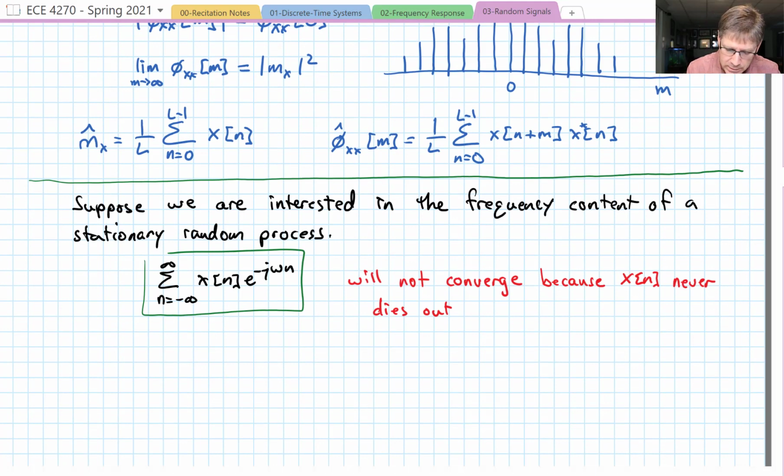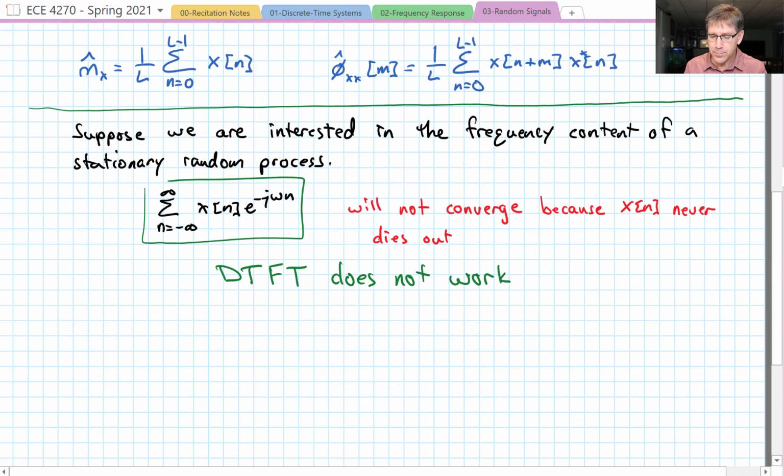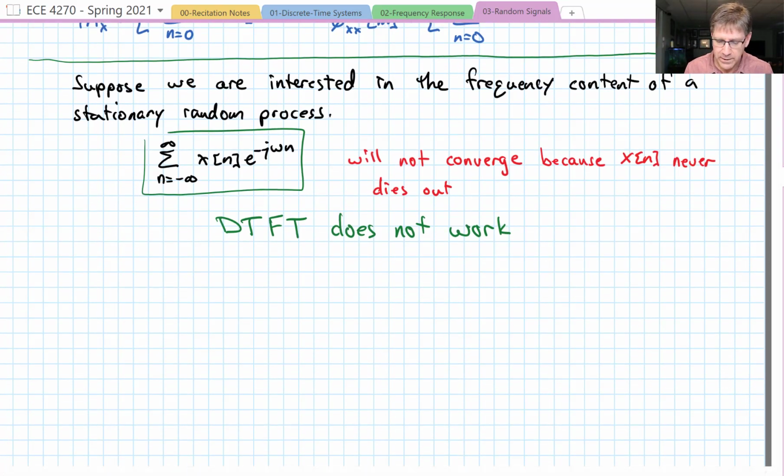And so, in summary, the DTFT does not work. Well, obviously I wouldn't have brought this up if we didn't have an alternative. And since it's in the discussion about autocorrelation, you're correct to assume it has something to do with the autocorrelation.